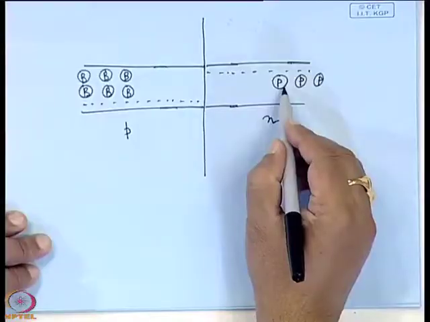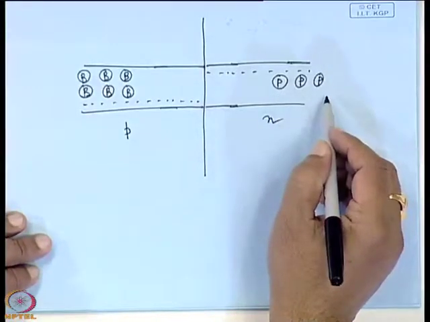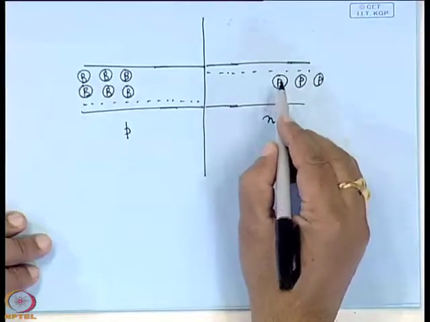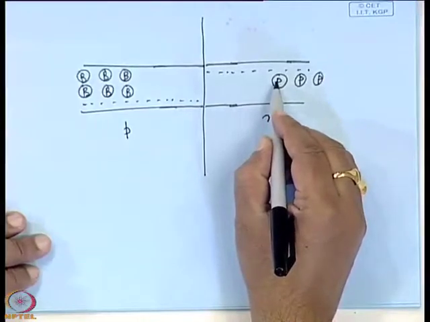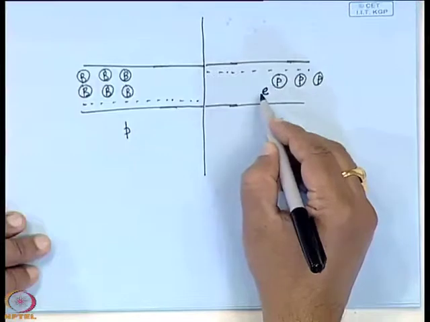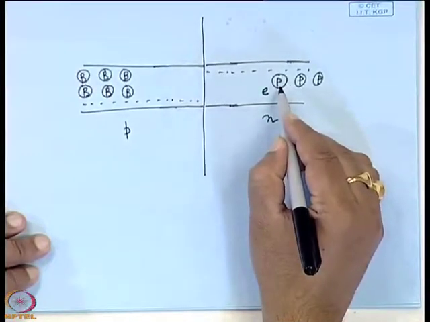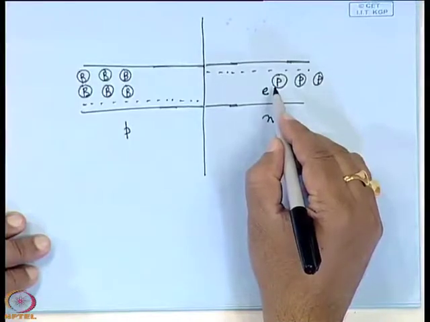Why? Phosphorus is a pentavalent atom. Yes, you can. So, in this case, due to ionization of phosphorus, a phosphorus atom will be ionized and one electron will be donated to the crystal lattice and the phosphorus atom will be positively charged.